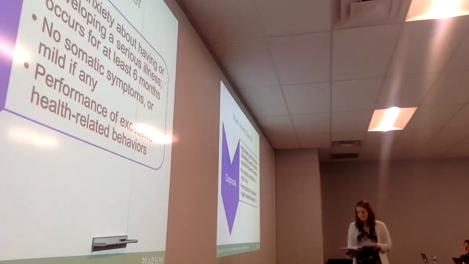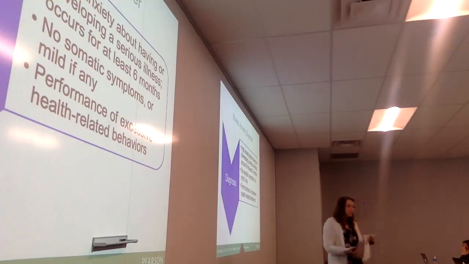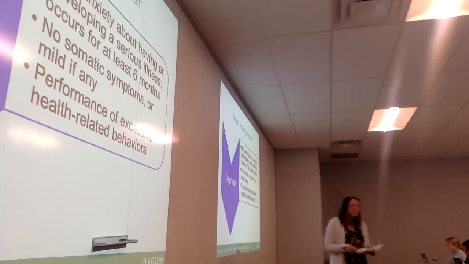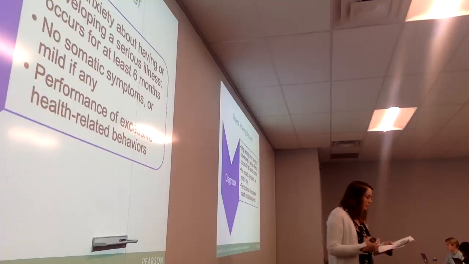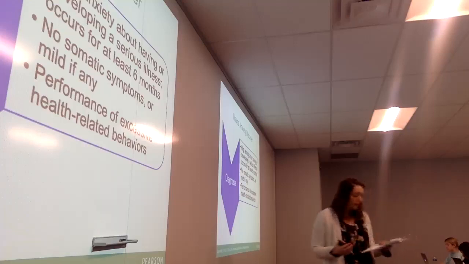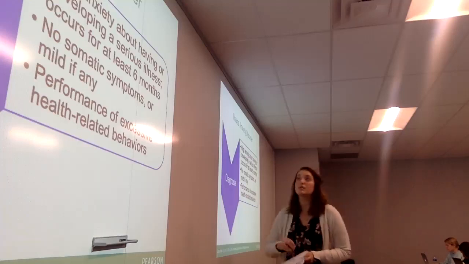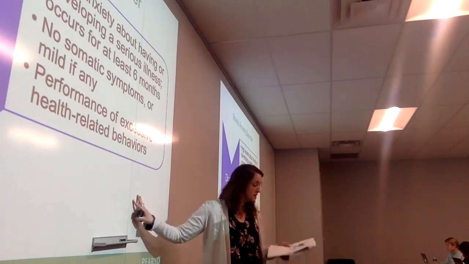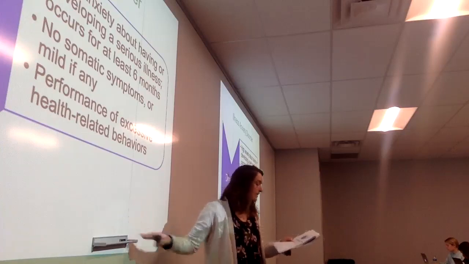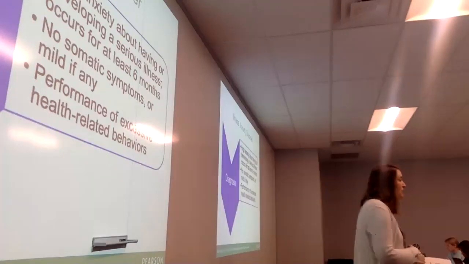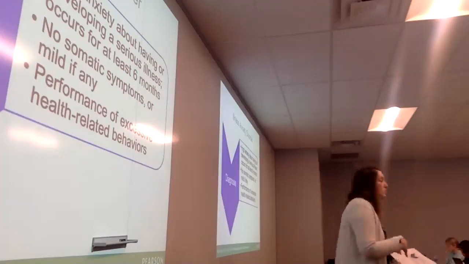So now we've got illness anxiety disorder, which, as we already talked about, was previously known as hypochondriasis, but not anymore. What they have now is that the 25% of people who met criteria for hypochondriasis will likely be lumped into illness anxiety disorder, and the remaining 75% who met criteria for hypochondriasis will be lumped into somatic symptom disorder.